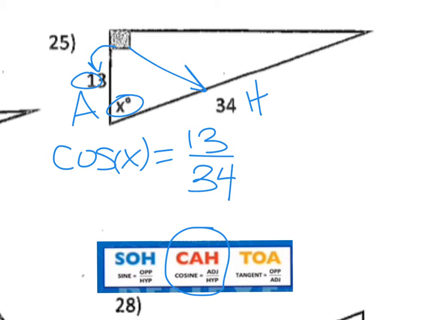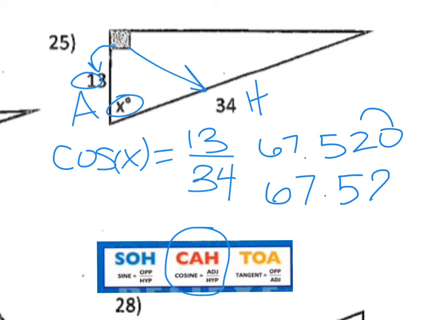So go to my calculator and hit second cosine, because again we're solving for an angle, and 13 divided by 34 in parentheses, and it gives you an answer of 67.520. The 0 tells the 2 to remain the same, so the missing angle here is 67.52.